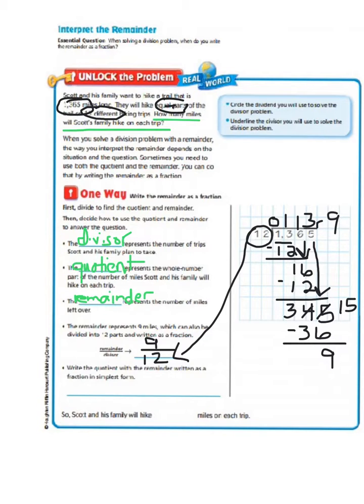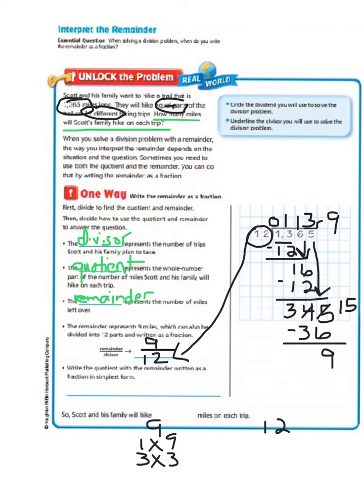So now it says to write the quotient with the remainder written as a fraction in simplest form, which means that we need to find our common factors for these two. So if we come to the bottom and we list, not our common multiples, common factors, so that we can find it in simplest form, if we take our 9 and our 12, we know the factors of 9 are 1 times 9 and 3 times 3.